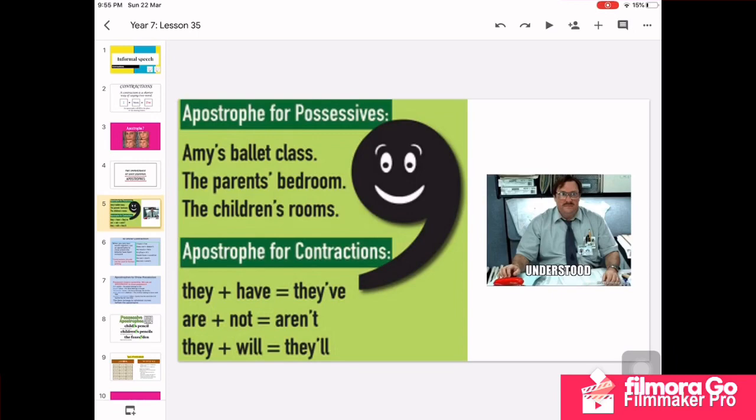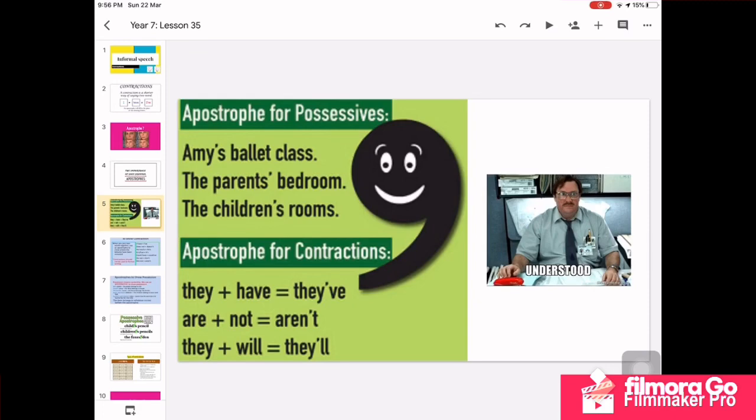Children, on the other hand, is already plural, but it is an irregular plural because you don't have childs, you have children as the plural form of child. So right after children, you put an apostrophe and then S, then rooms.